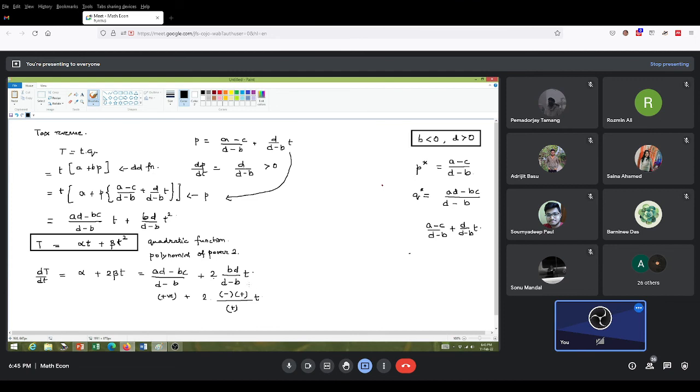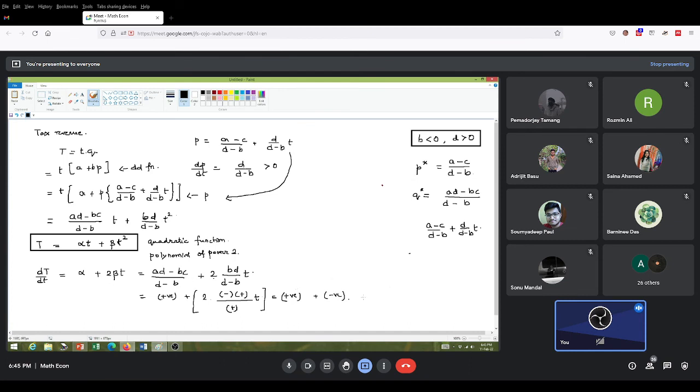So that means what will be this term? It will be negative. So can you tell me what is dT by dt? We don't know. We can't say. We have got a positive or negative amount.